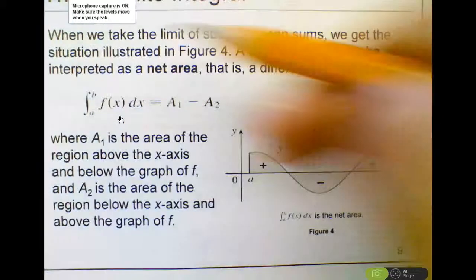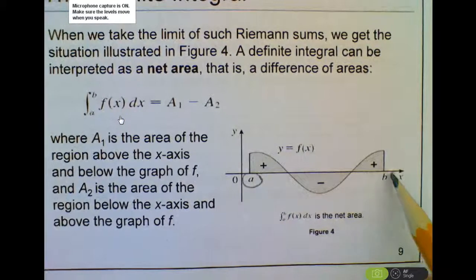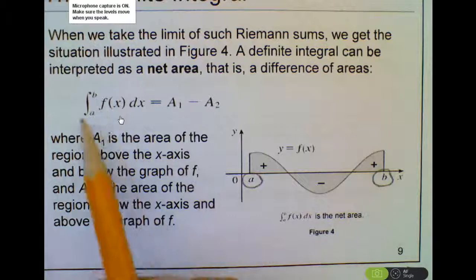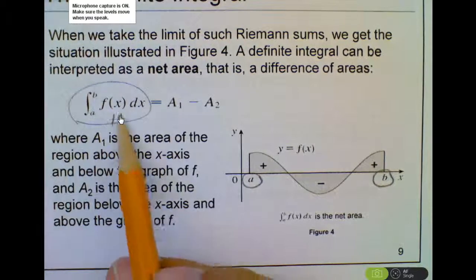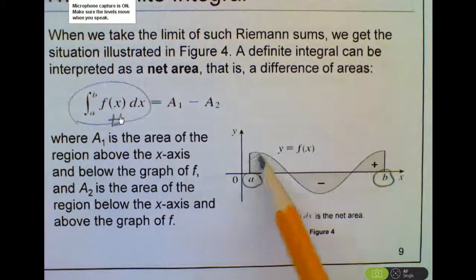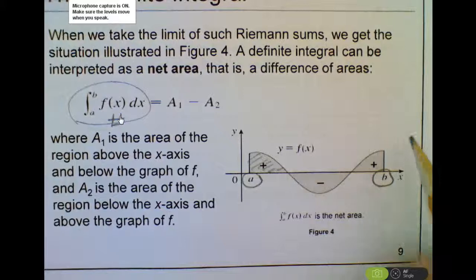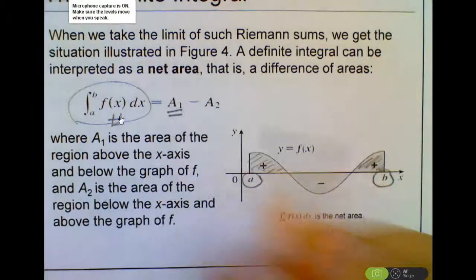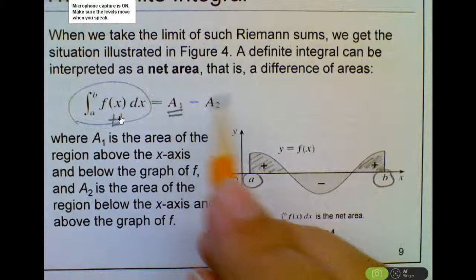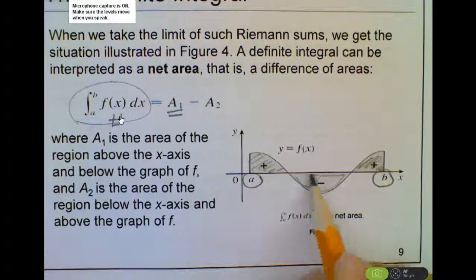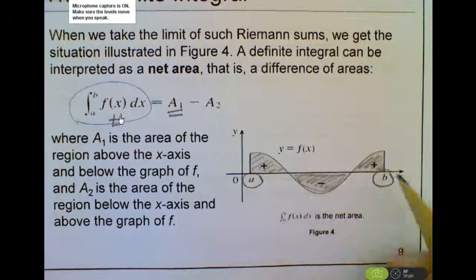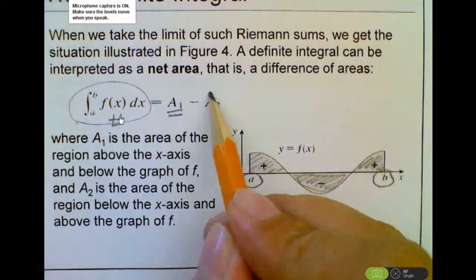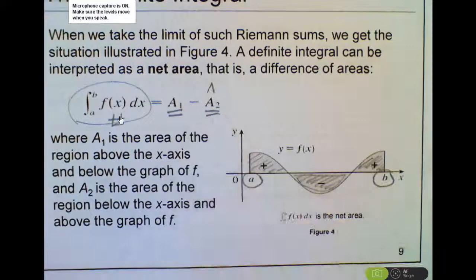So the integral, if I'm integrating all the way from a to b, this as a number will be the area that I have here plus the area that I have here, which I'm going to call A1, and I'm going to take away the area that appears below the x-axis, which can be called A2 right here.